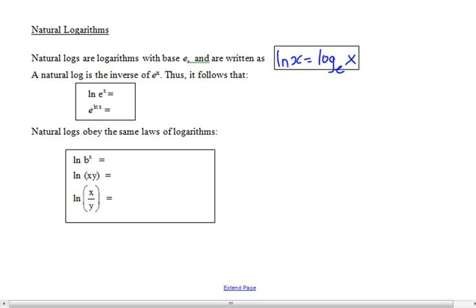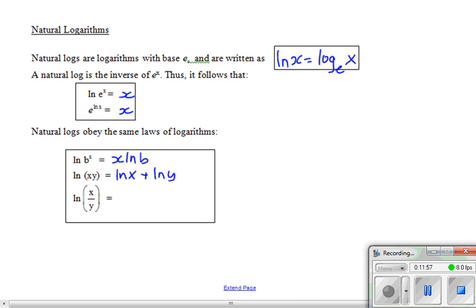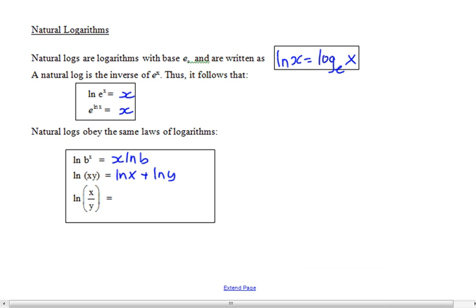So what would this be equal to? x, right? Good. So for the natural log of b to the x, the same laws apply. We can say x times the natural log of b, or natural log of x plus natural log of y. Am I recording? Yes, we are. And then subtraction. All the same rules apply, whether it's a natural log or a common log.